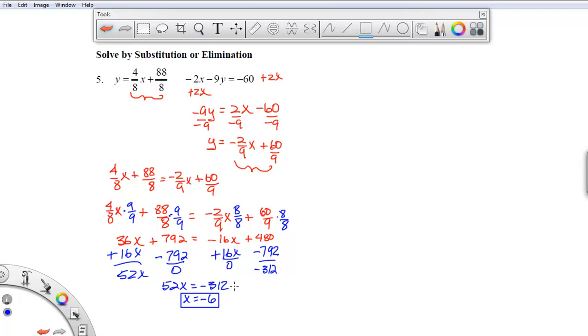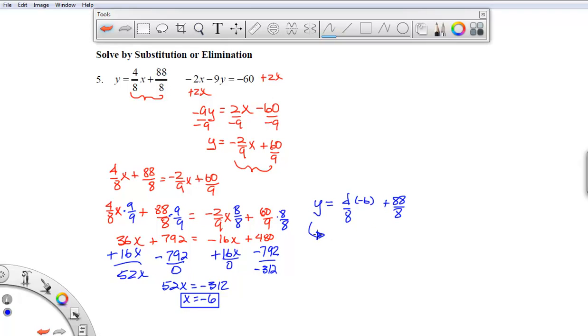And now we're going to go ahead and find our y. Now it looks like this equation up here will be the easiest way to find our y. So I'm going to take a negative 6 and put it in here. So I have y is going to equal 4 over 8 times a negative 6 plus 88 over 8.